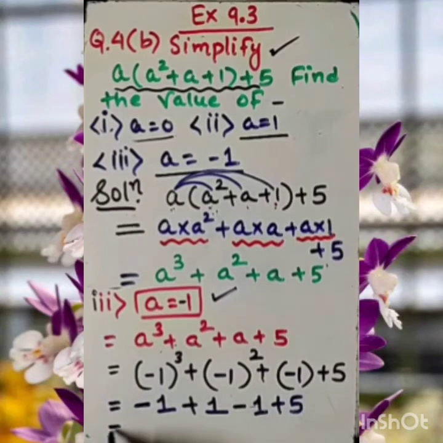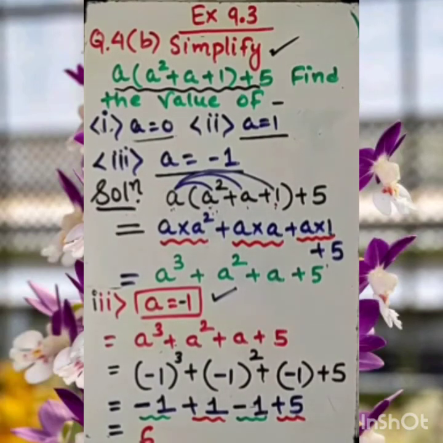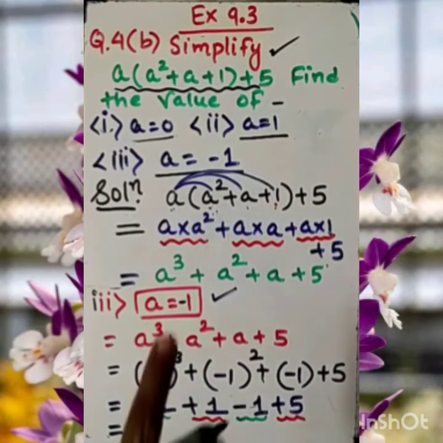Now just look at which two terms are positive here. Of course, you will say plus 1 and plus 5. 1 plus 5 is 6. Which two terms are negative? Minus 1 and minus 1. Both are negative, and the sign remains minus.